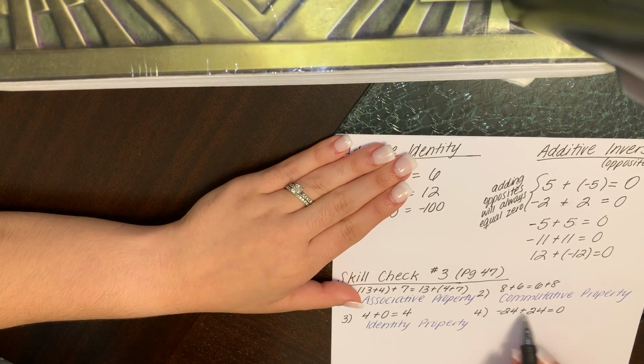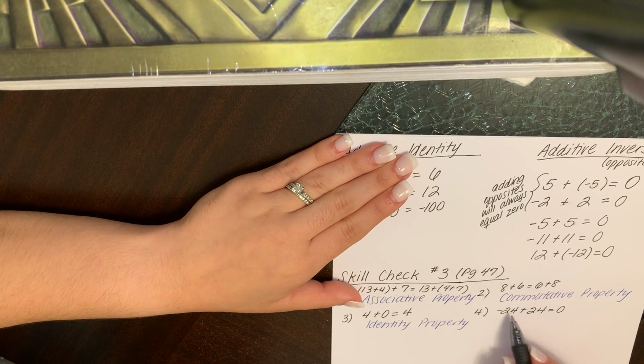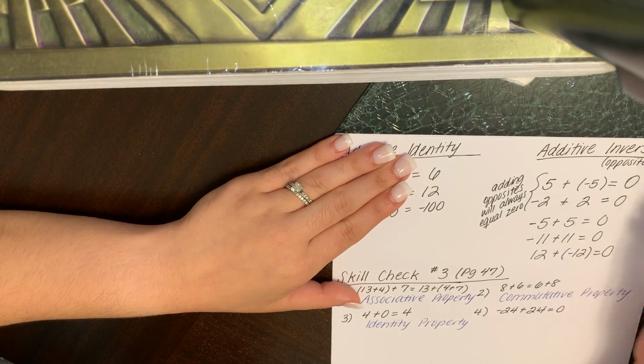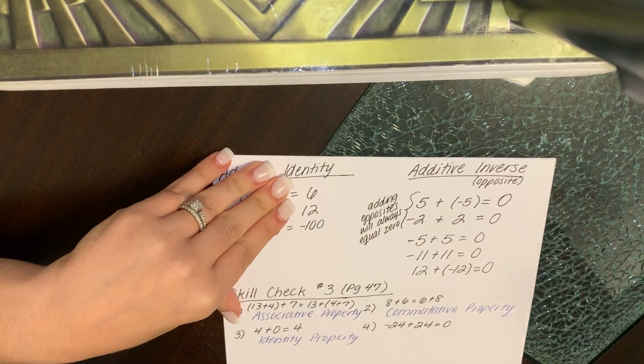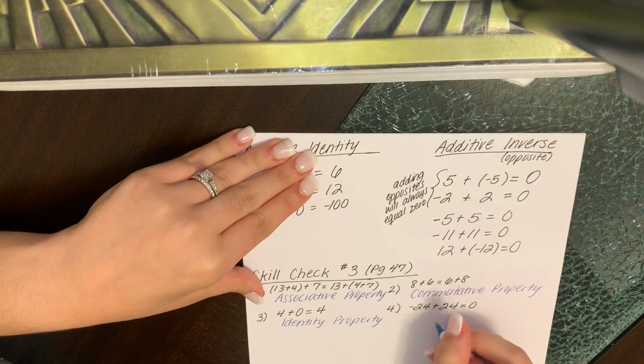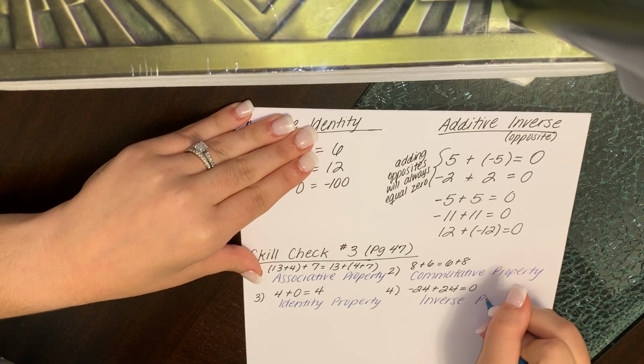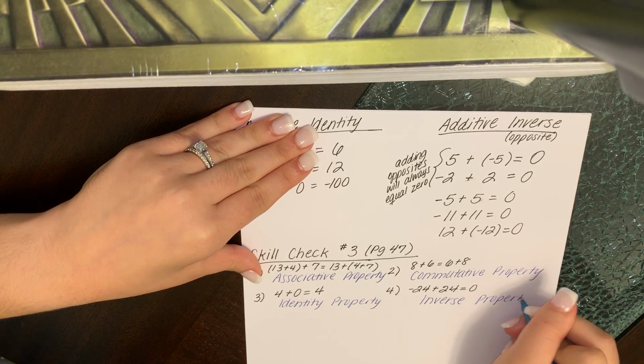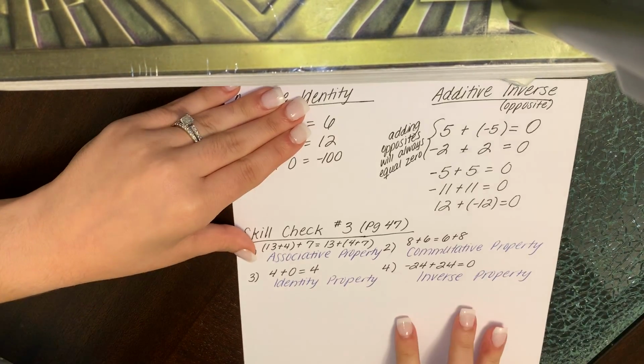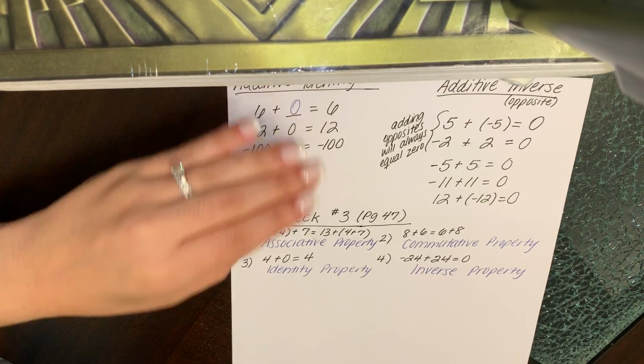I have two numbers that are opposites of each other, and another way of saying opposites is, guess what? Inverse. So this is the inverse property. This is a good way of knowing how to do each and every one of these.